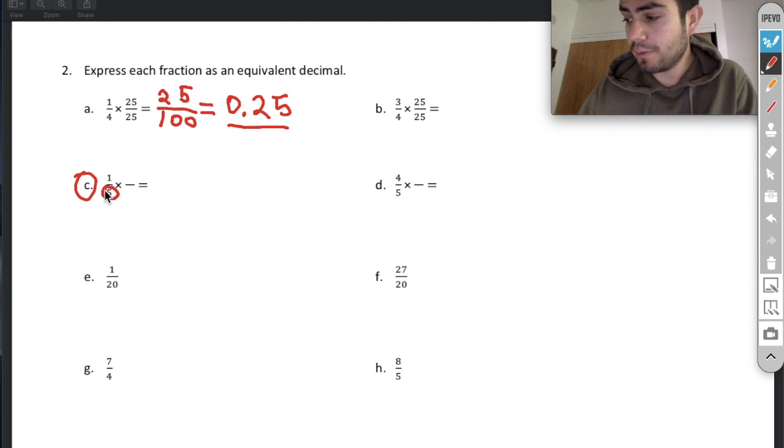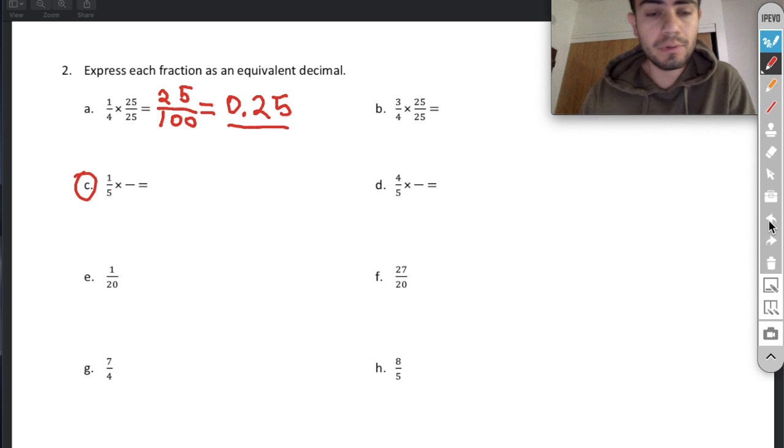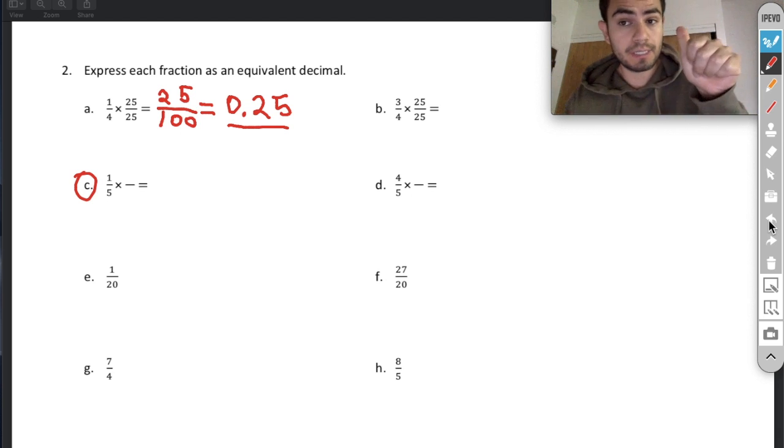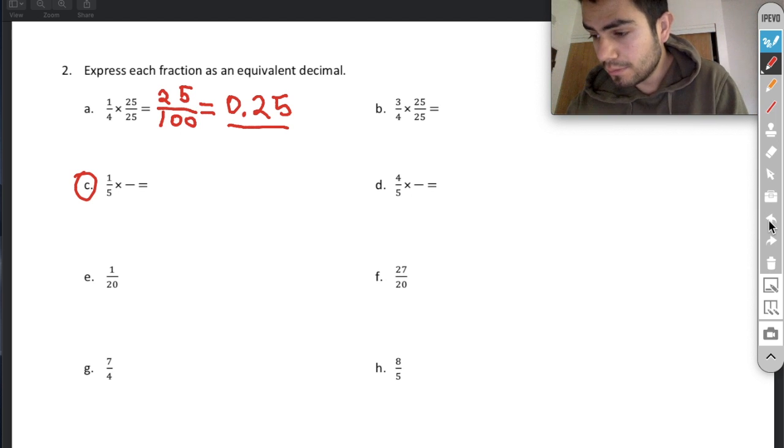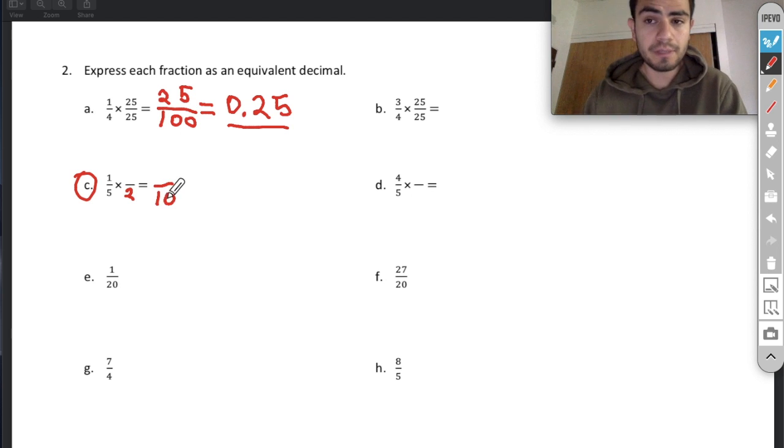So ask yourself, what number would I need to multiply that 5 by in order to get the 10, 100, or 1,000? Now, I would suggest you just do the one that is easiest. So I myself know that 5 times 2 would give me 10. So let's double check. 5 times 2 does give me 10.